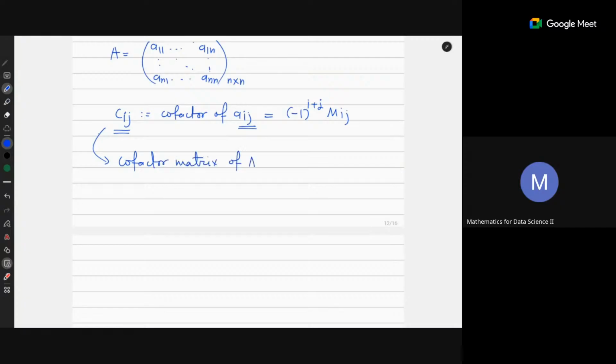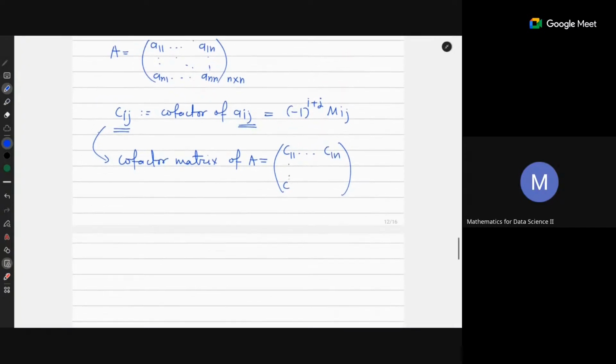The cofactor matrix of A is precisely the matrix obtained from the cofactors of A. So the ijth entry of the cofactor matrix is Cij, and Cij is nothing but the cofactor of the Aij entry.